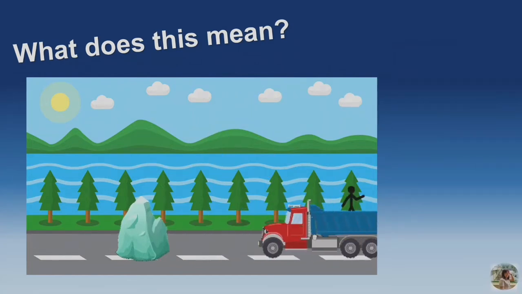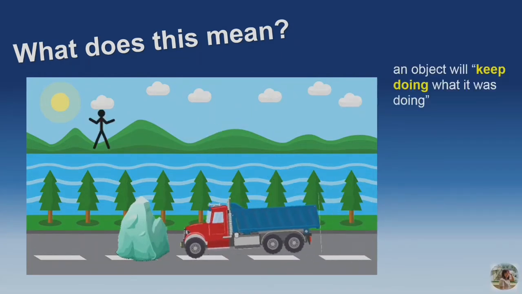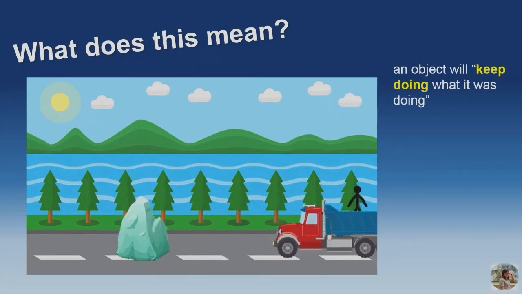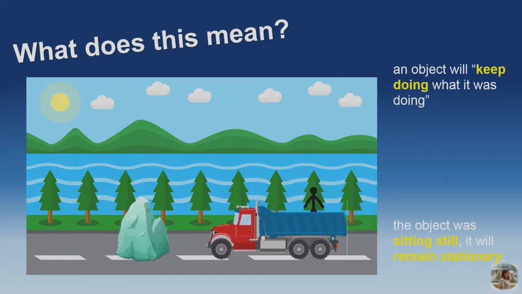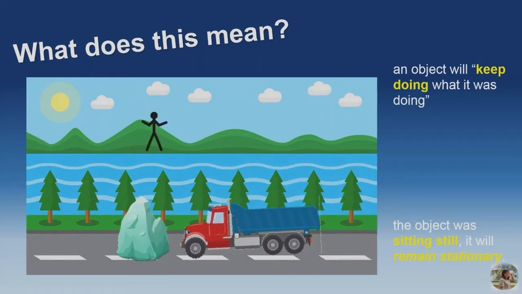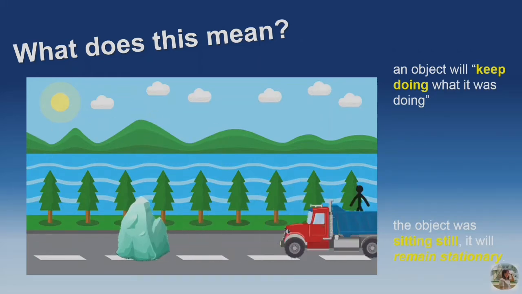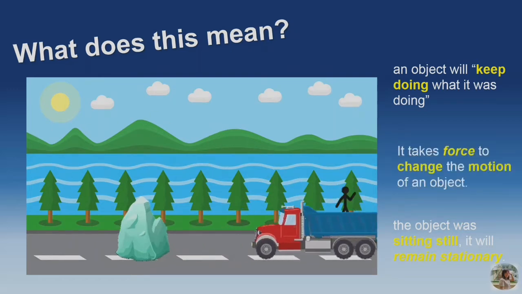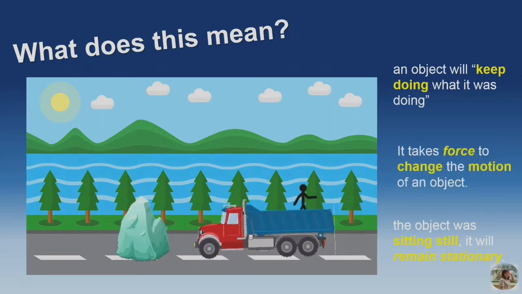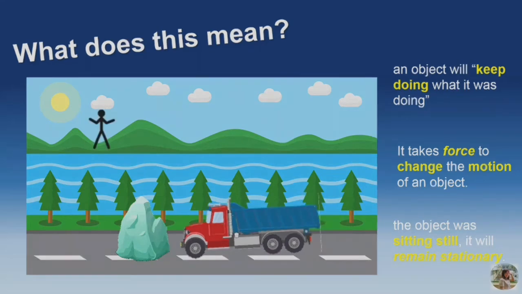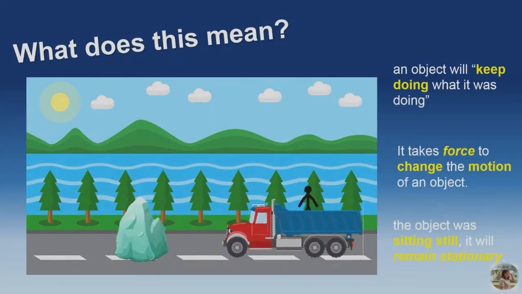What does this mean? An object will keep doing what it was doing. When the object is sitting still or at rest, it will remain stationary. It takes force to change the motion of an object. In this scenario, force plays an important role in changing the position or motion of an object or to stop its motion.